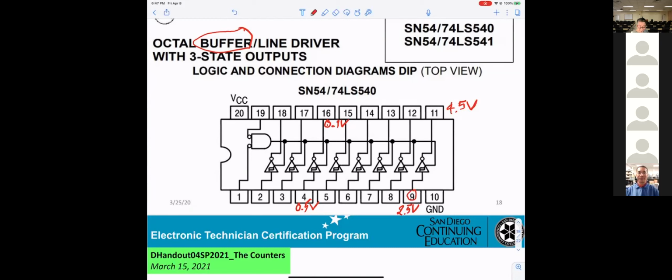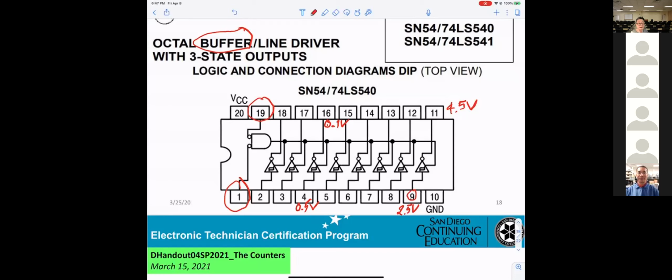And this buffer will be controlled by pin number 1 and pin number 19. Okay? 1 and 19 must be 0. So you get an input coming in, output coming out. Either one has a logic 1, output will be high impedance.